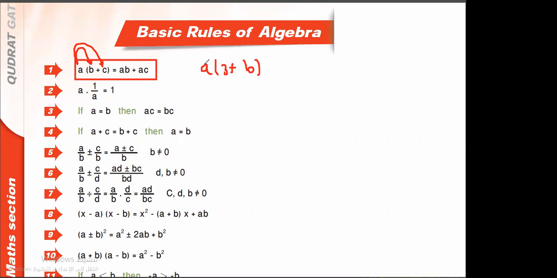So you can multiply A times 3 and A times B. So the answer is A times 3. What is it? It is 3A, right? And A times B equals what? Equals AB, right?